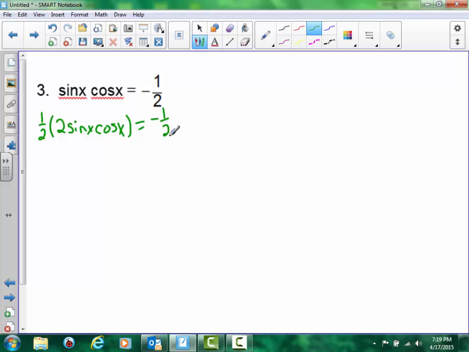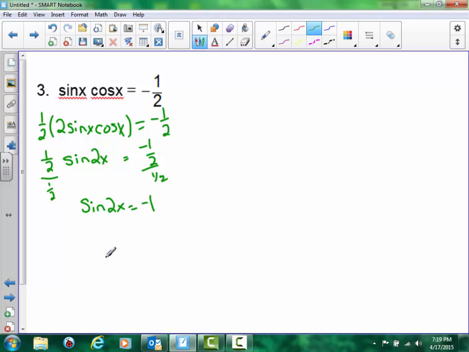So I could write this now as sine 2x, and I want to get it by itself, so if I divide by 1/2, I'd have sine 2x equals negative 1.